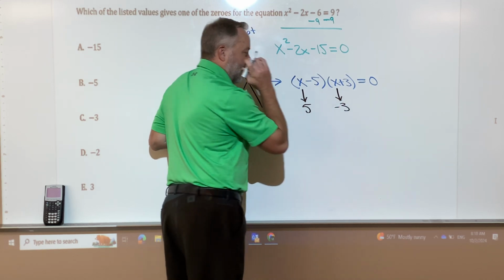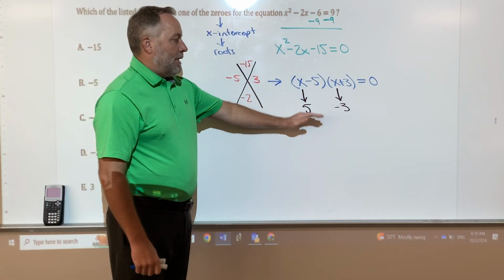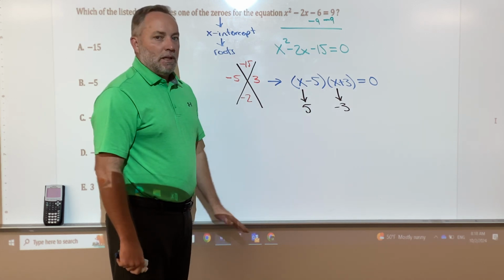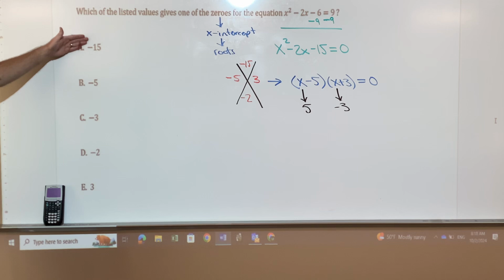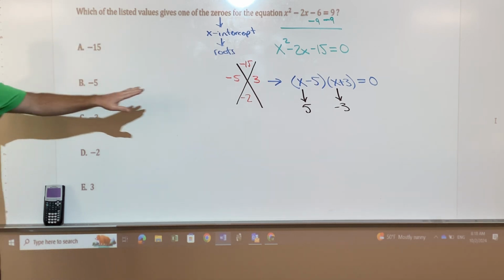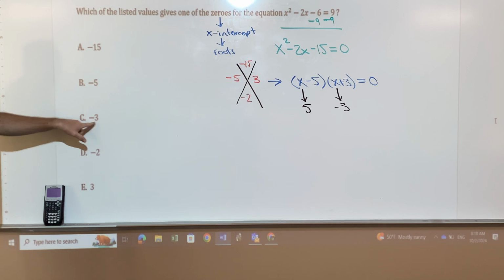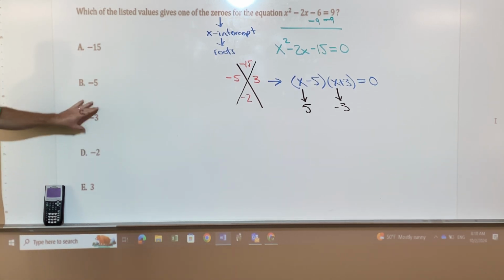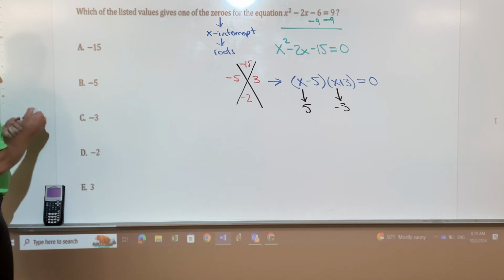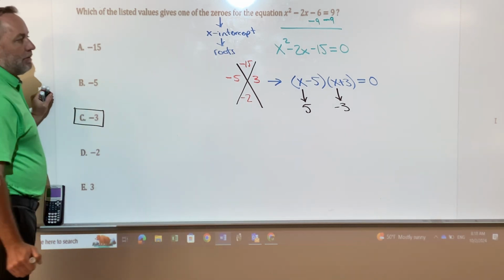And that's negative 3. So those are my 2 values that will make this equation equal to 0. When I look at my answers over here, I see that's close, but it's negative 5 and we have positive 5. Right here, negative 3 and we have negative 3. So that's going to end up being our answer. So we can confidently now say that our answer is C, negative 3.